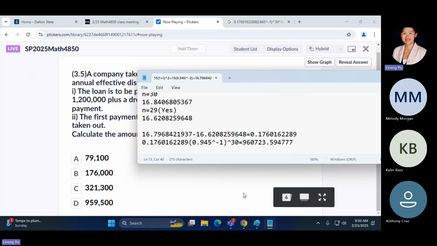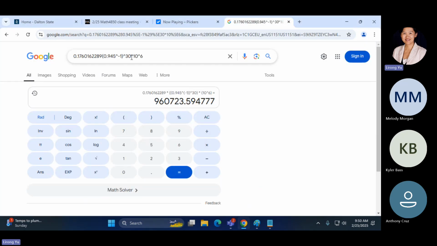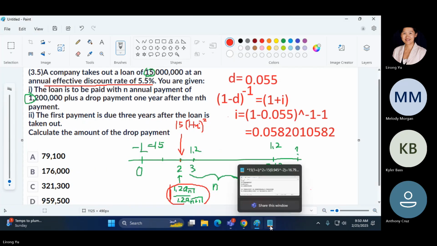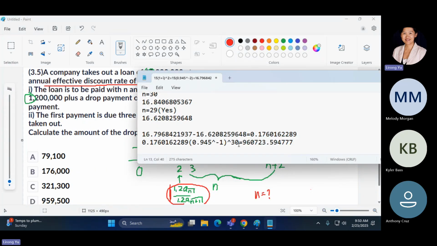A little bit off. Did I mess up the power? Let me see if it's 29. What happened? So 30 is not.